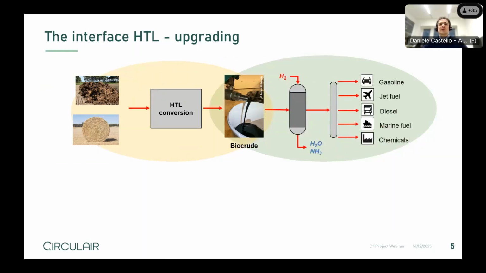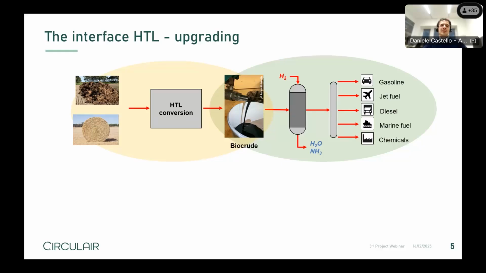The concept foresees that we start from the biocrude, and then we operate hydrotreating, so reaction with hydrogen at high pressure and temperature with a catalyst to upgrade this biocrude into basically a mixture of hydrocarbons that can then be distilled to produce the different fuels that we use. Mainly in the CIRCULAIR project, we target jet fuel production. This is conceptually what we would like to do.